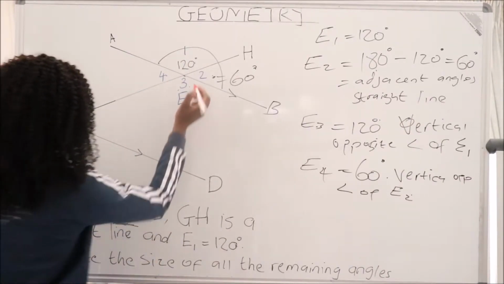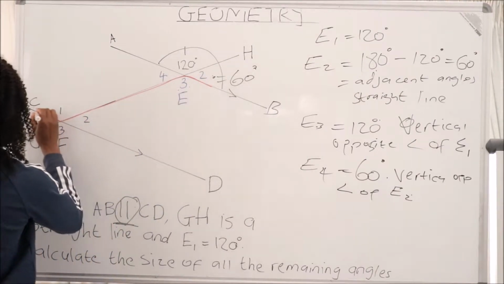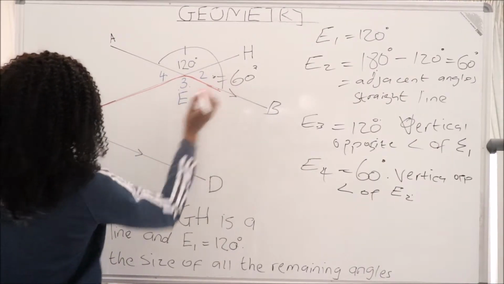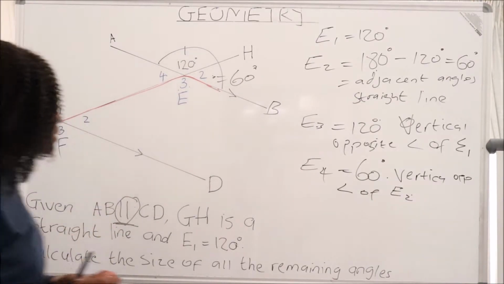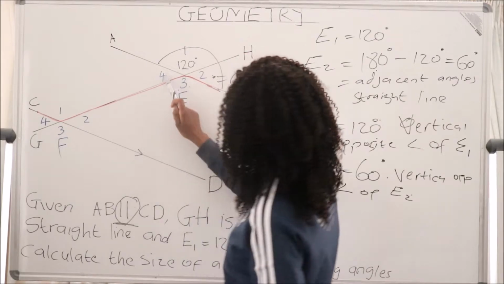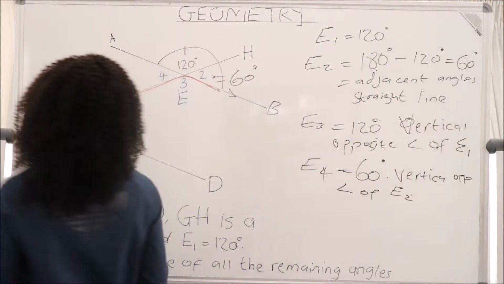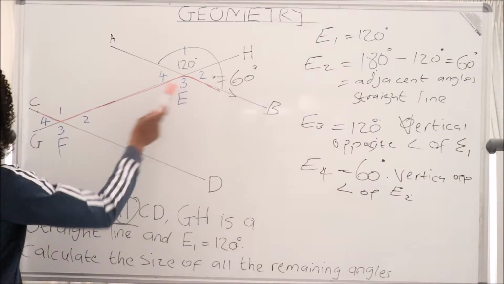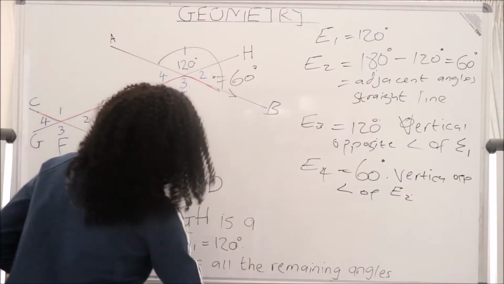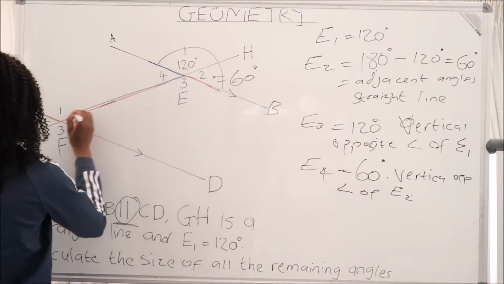I'll just use a different marker so that you guys can see. The angles that form a Z, in this case, are E4 and E2, and also E3 and E1 form the shape of a Z. So we have this as well.